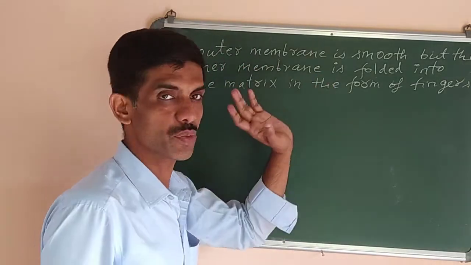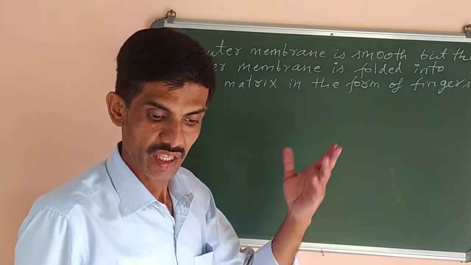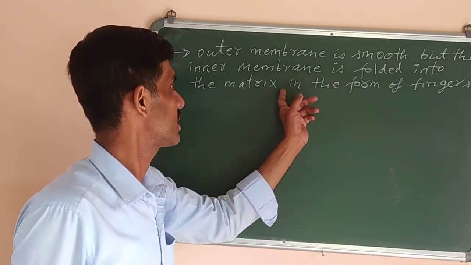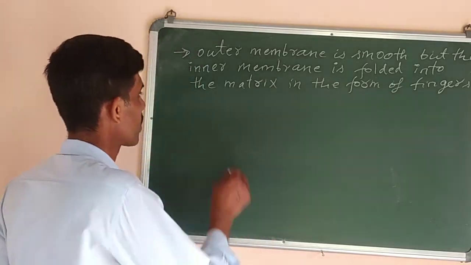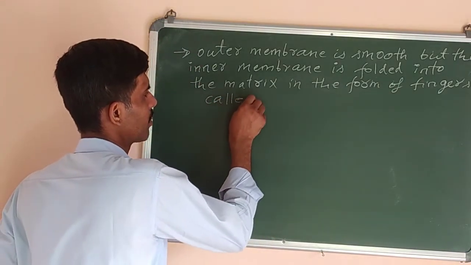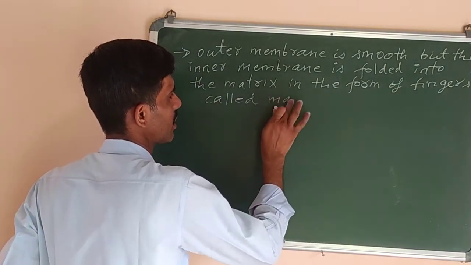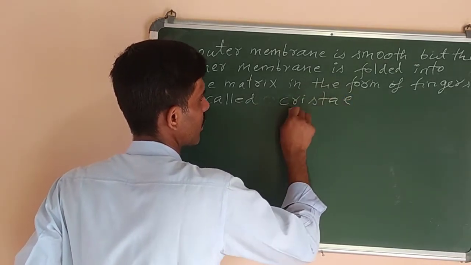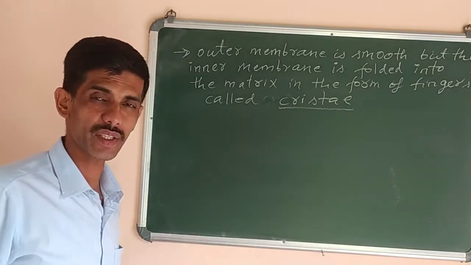So outer membrane is smooth, but the inner membrane is folded to form several finger-like structures. The name of those finger-like structures is cristae, C-R-I-S-T-A-E. If it is asked what is cristae?